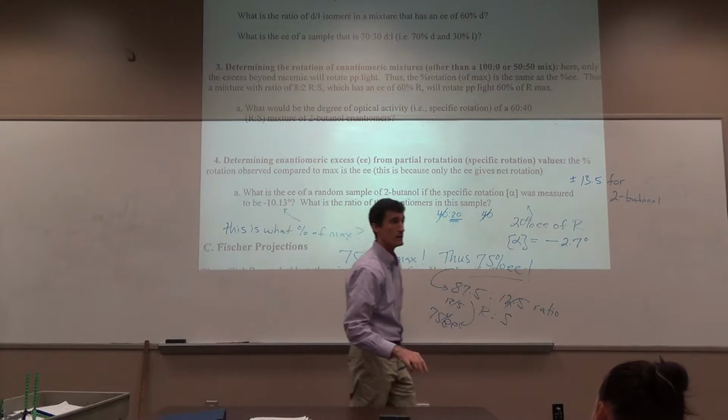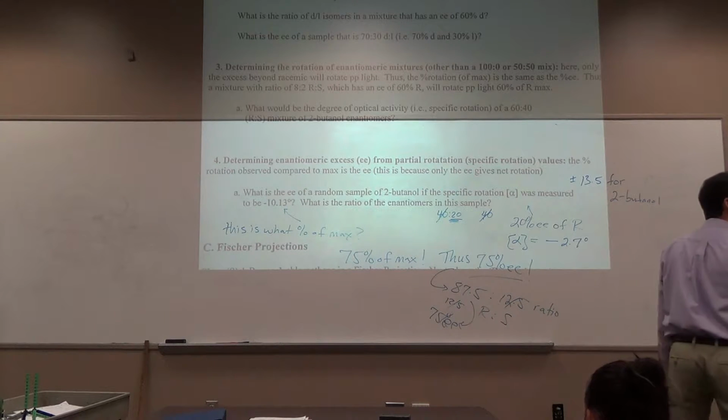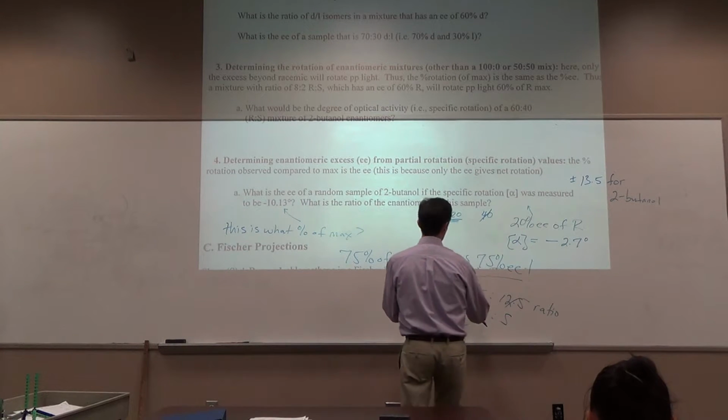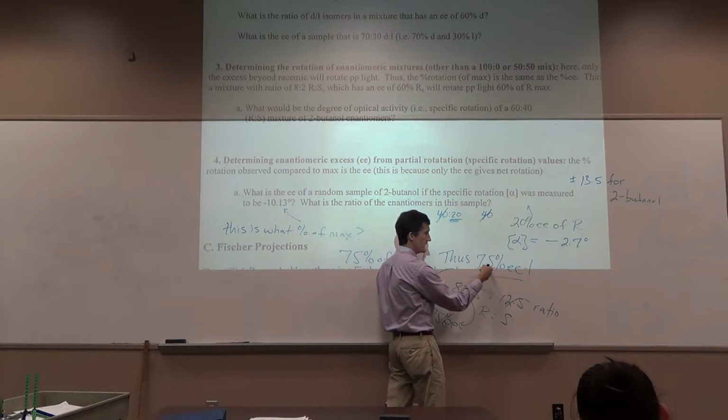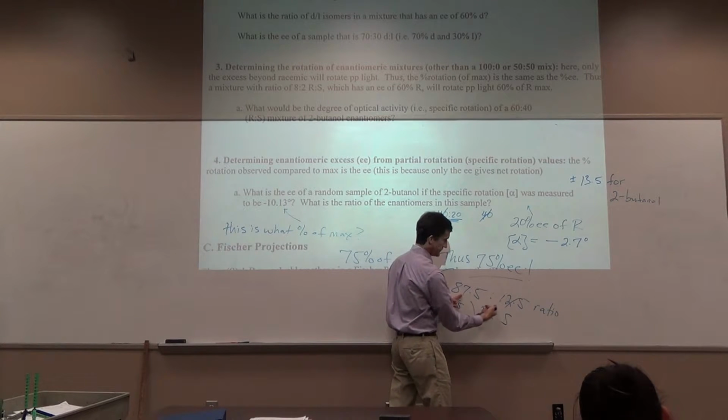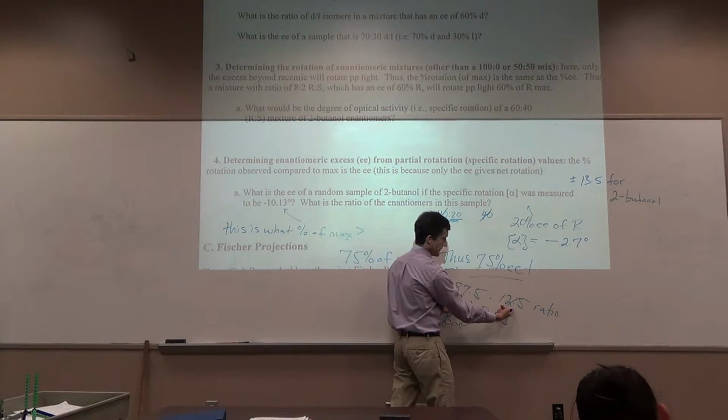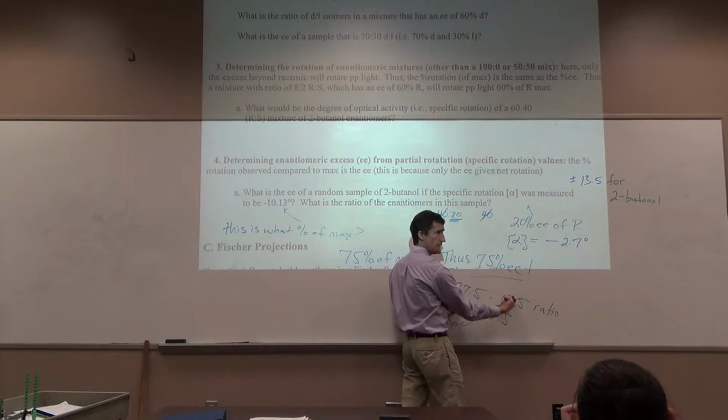Question? Well, we determined the EE was 75% excess. Basically, this is the difference between your two. How do you show a difference between this? You show this right here. Is the difference between these 75?